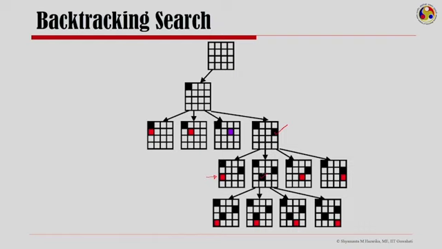Therefore, we move forward and look at the fourth row. We cannot have a queen here, neither here, nor at the third position, nor at the fourth position on the fourth row. That means, after we have assigned this queen, we are not left with any legal positions in the next step. So, we have to abandon this path and backtrack.